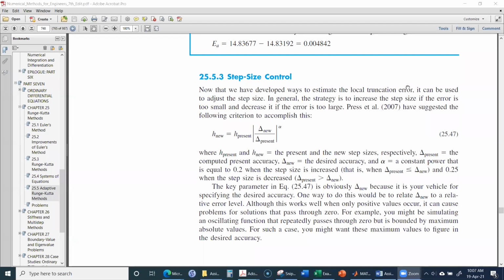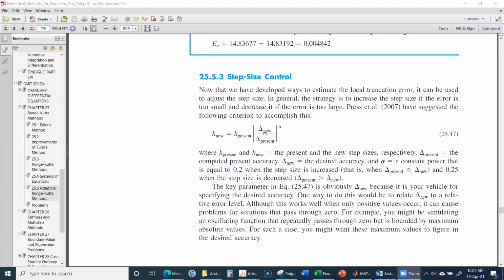So this can be used to adjust the step size. In general, the strategy is to increase the step size if the error is too small, and decrease it if the error is too large. That means we compare delta present with delta new.